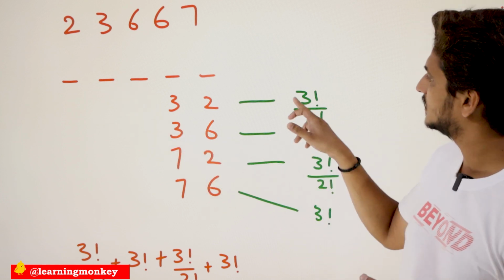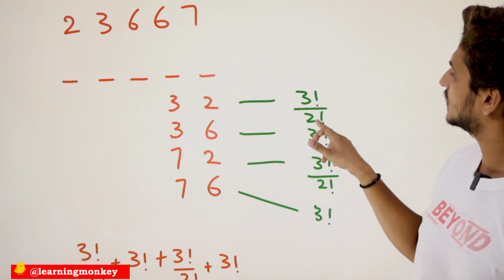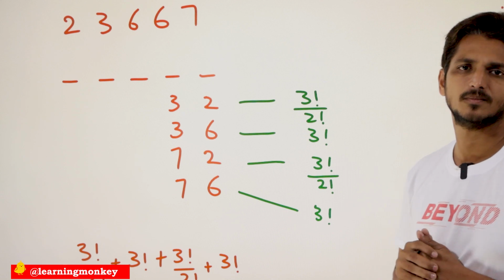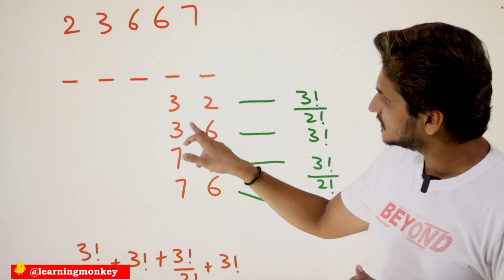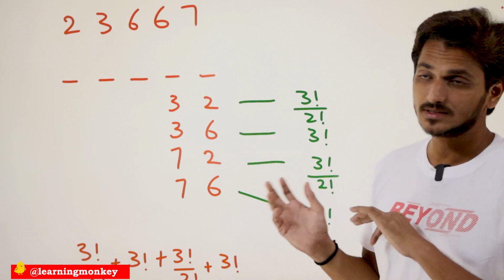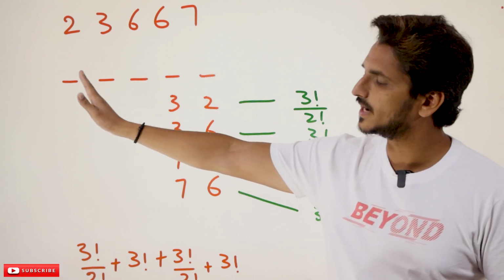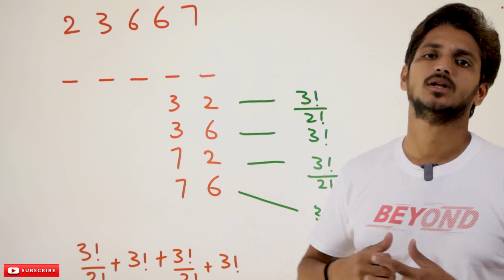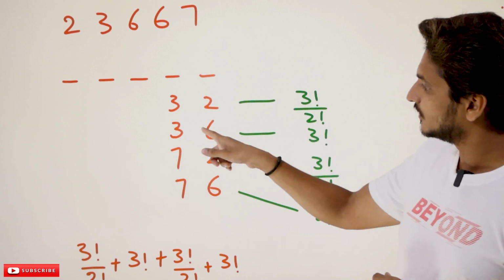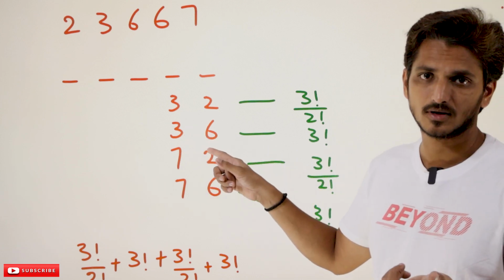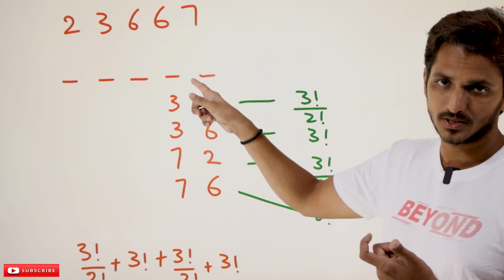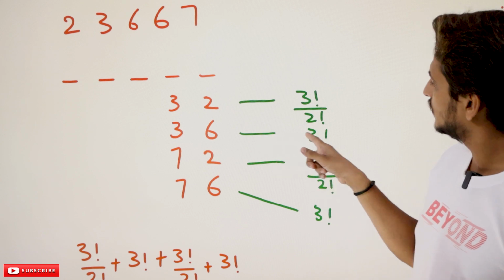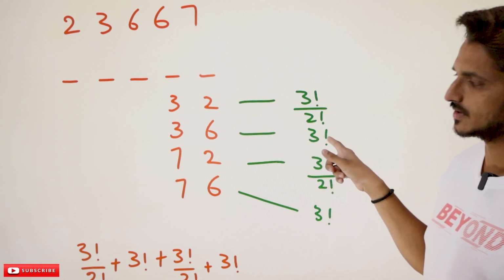Repetition is there, so it can be done in 3 factorial by 2 factorial ways. The second possibility is 36. One 6 is placed here. In the remaining 3 positions, we don't have repetition. 36 is divisible by 4. So if you place 36 in the last two positions, we have 3 factorial ways.